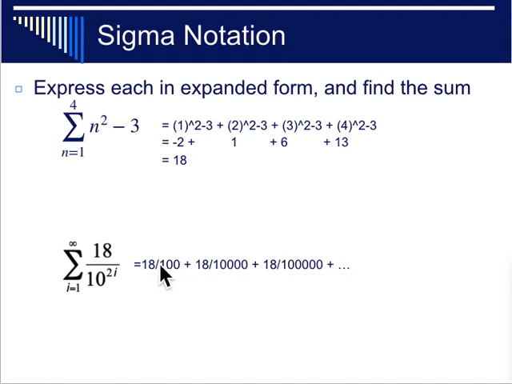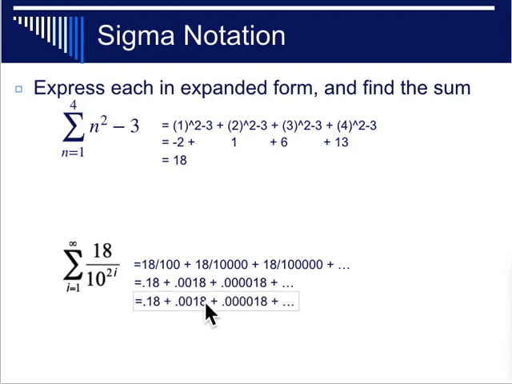Now, this might seem like how in the world can you add all these things and keep going and never stop? But if we look at each of these, 18 over 100 is 0.18, and 18 over 10,000 is 0.0018, and 18 over 1,000,000 is 0.000018, and if we were to keep going forever, this is the decimal 0.1818181818, and so on.